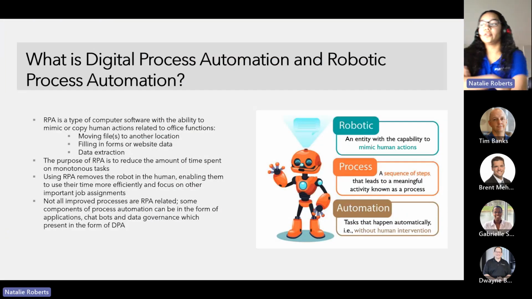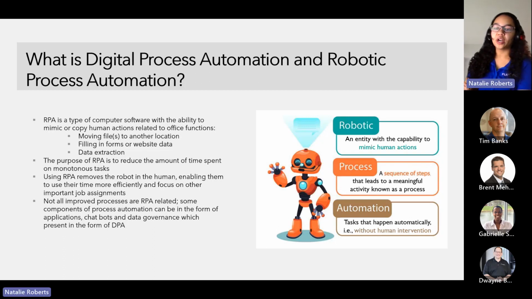Okay, so a lot of people on this call, and whomever might be watching, have different levels of understanding of what digital process automation is and what robotic process automation is. So I like to start with a base understanding of what this is and why it is important. Why should we pay attention?